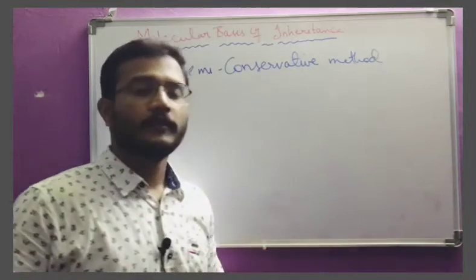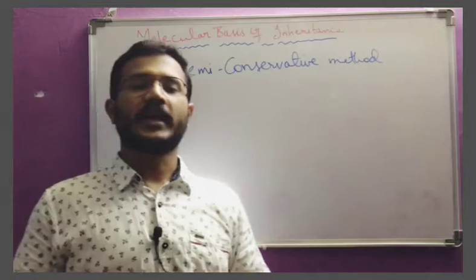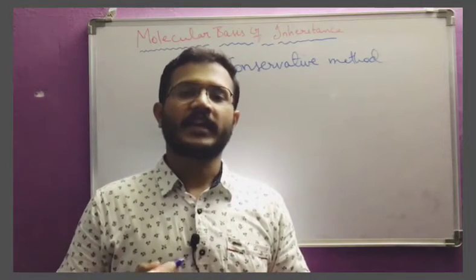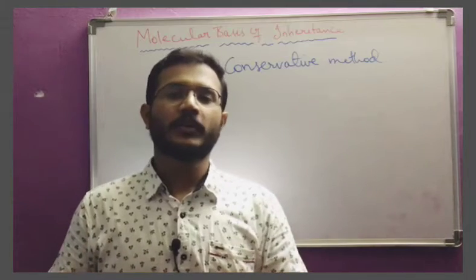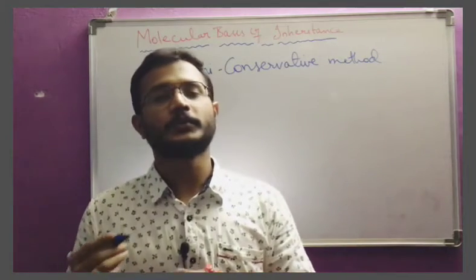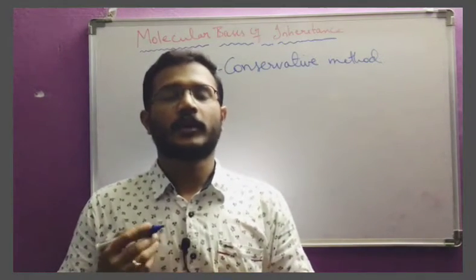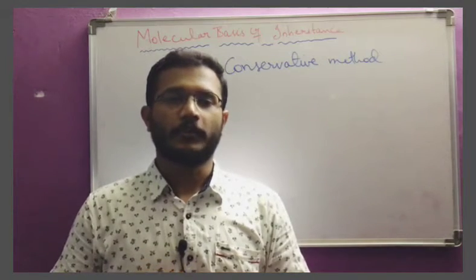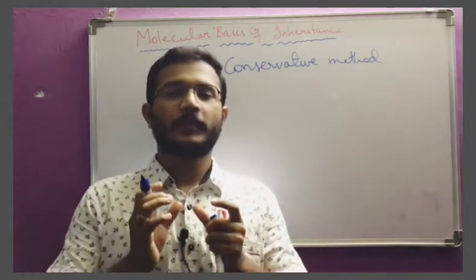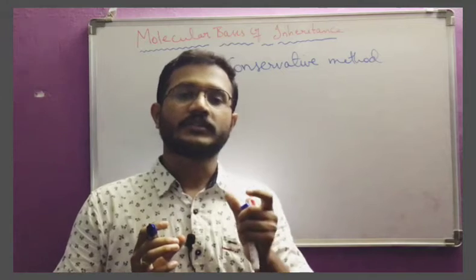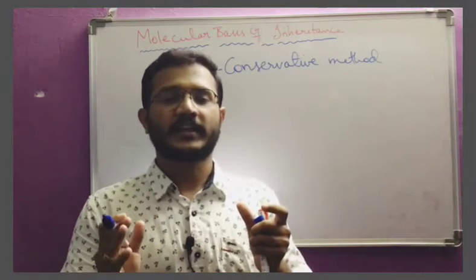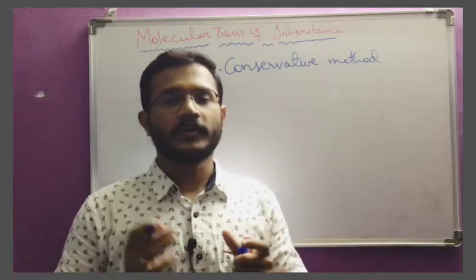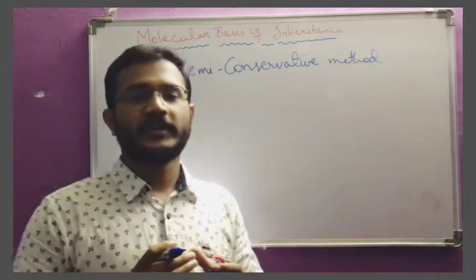That means, while replicating, one strand is retained as the parental strand and the other is a new daughter strand. The whole set does not come completely, and completely new daughter DNA strands are also not formed. In a double helix DNA, one strand belongs to the parental DNA and the other strand is the new or daughter strand. So that is the semi-conservative method.